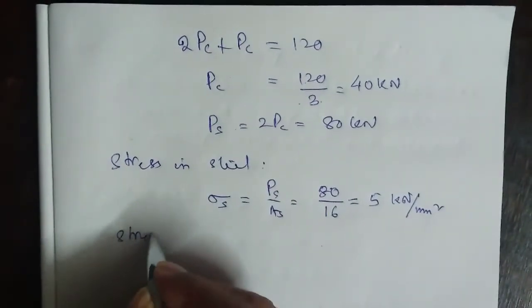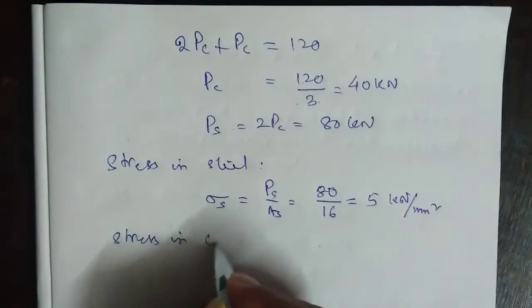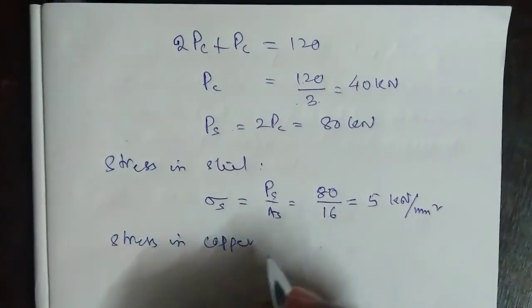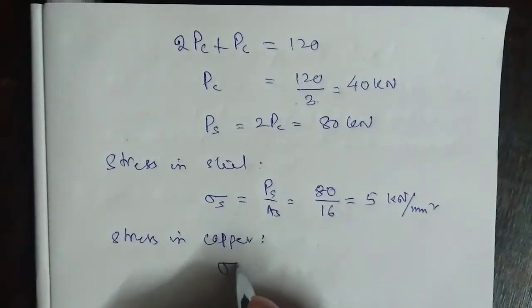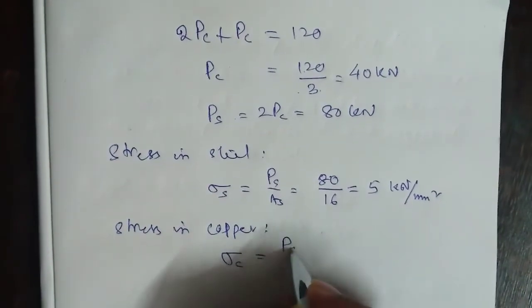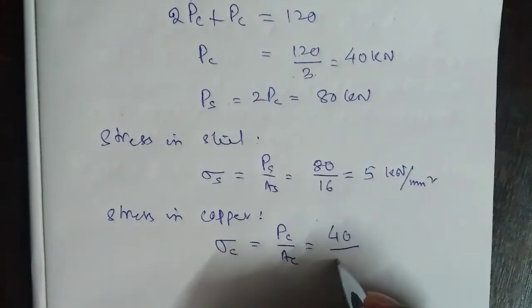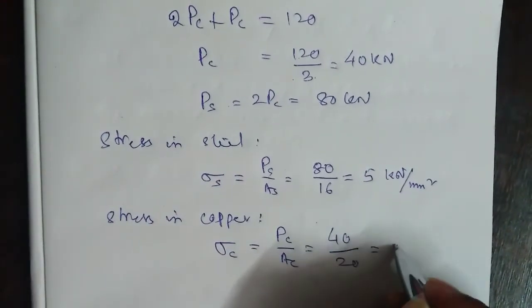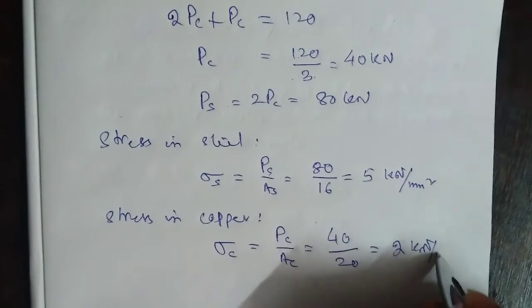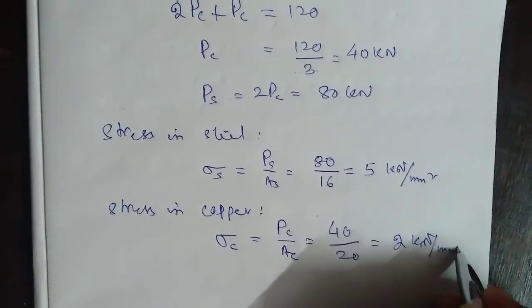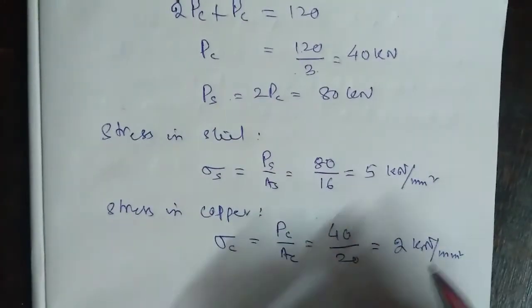And stress in copper, sigma C is PC by AC. PC is 40, area of copper is 20, it is 2 kilonewton per mm square. So these are the loads, these are the stresses.